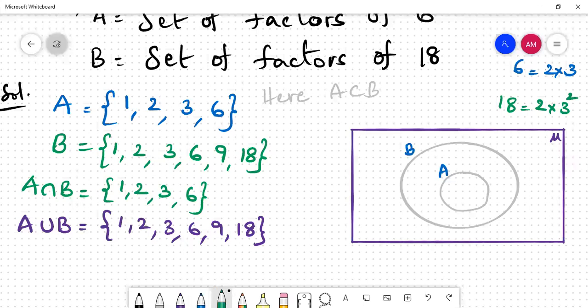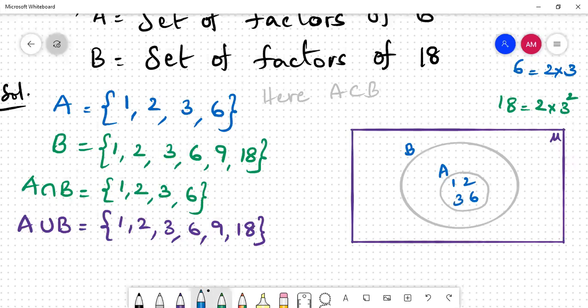Now tell me, what are the elements in A? 1, 2, 3, 6. What are the remaining elements in B? 1, 2, 3, 6 are also in B. The remaining elements are 9, 18.